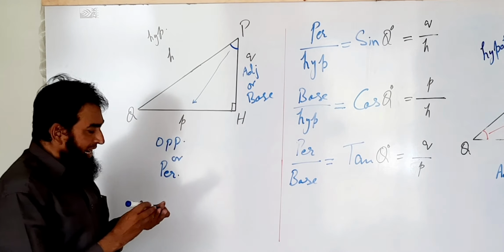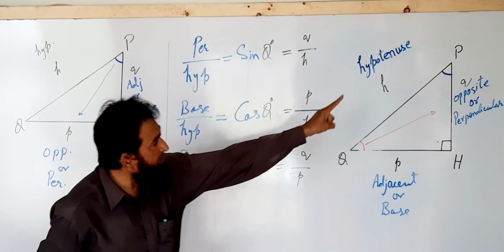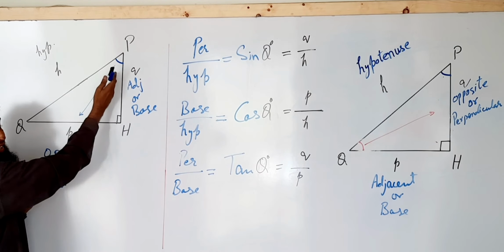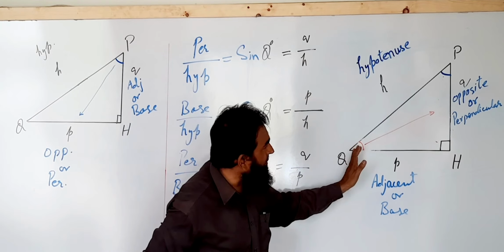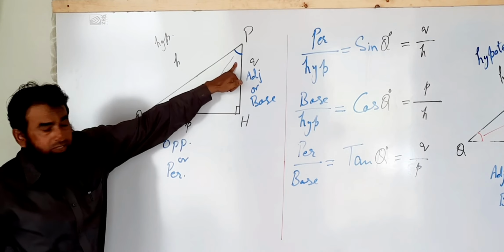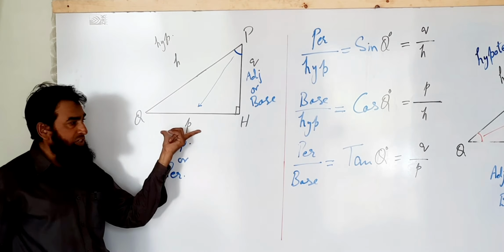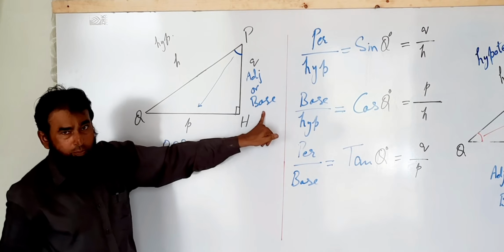Now you can see that the names have interchanged. These two names have interchanged. Previously that was opposite, now this is opposite, because we are considering this angle. Previously we were considering this angle, so the side opposite to this angle is called opposite. Now we are considering this angle P, so the side opposite to P is called opposite, and the side adjacent to P is called adjacent or base.